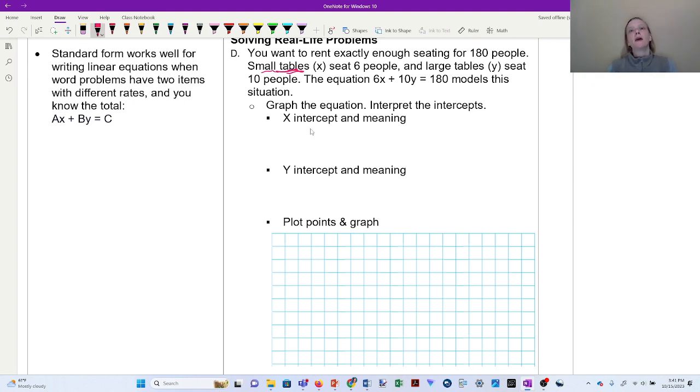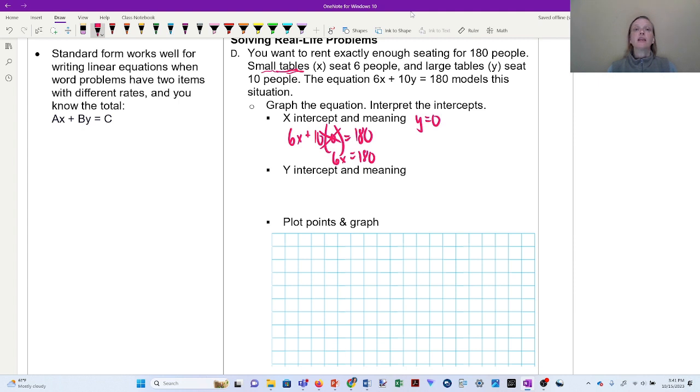So here's my story problem. I have an equation and it says graph the equation and interpret the intercepts. For the x-intercept, I calculate that first by setting y equal to 0. When I plug y equals 0 in, that gives me 10 times 0 plus 6x equals 180. This component of the equation disappears and I'm left with 6x equals 180.